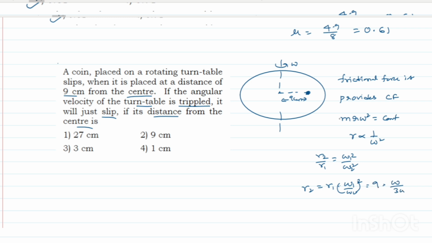So here the whole square, omega gets cancelled, and this is 9. So R2 will be equal to 1 centimeter. That means when you bring this coin to 1 centimeter and rotate the table 3 times faster, the coin is going to move without skidding. So this is the correct answer, 1 centimeter.